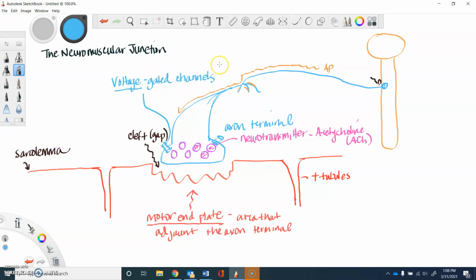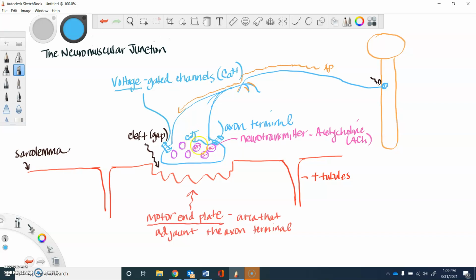These particular voltage-gated channels are specific for calcium ions. And there's more calcium on the outside here than on the inside. So as soon as that action potential comes down and the gate opens, calcium is going to flow in. And when calcium comes in, calcium is needed to stimulate exocytosis.